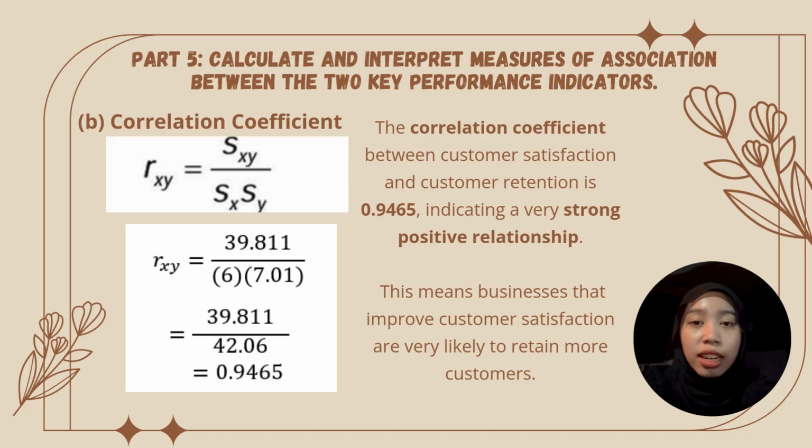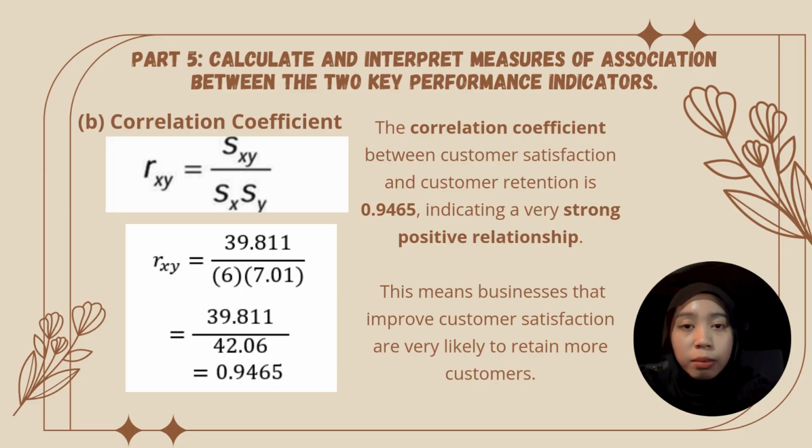Next is the correlation coefficient. This is how we measure the strength and direction of the linear relationship. As a result, the correlation coefficient is 0.9465. This means there is a very strong positive relationship between customer satisfaction and customer retention.